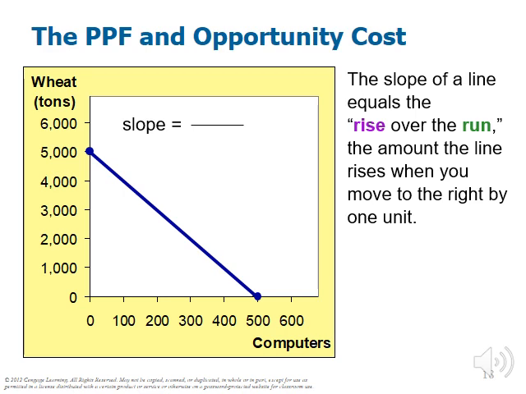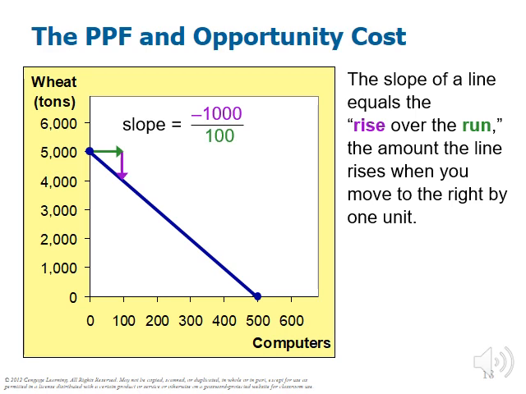Calculating the slope, rise over run, shows us that the slope is negative, indicating that we will lose tons of wheat as we gain units of computers. This particular move has caused us to lose 1,000 tons of wheat in order to gain 100 computers.